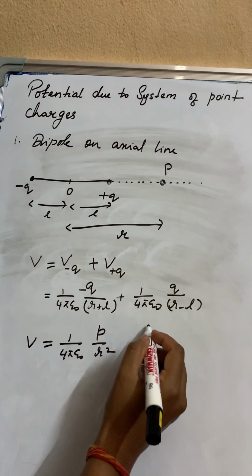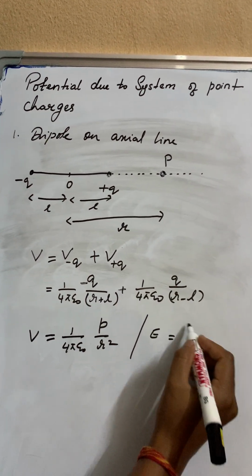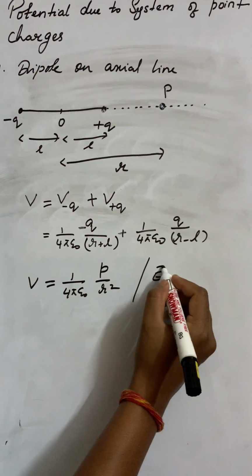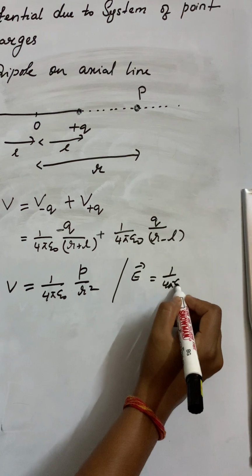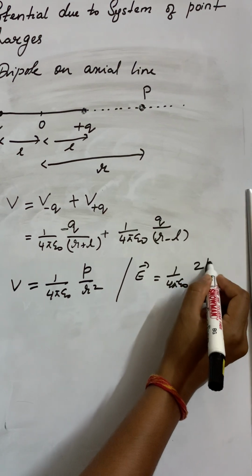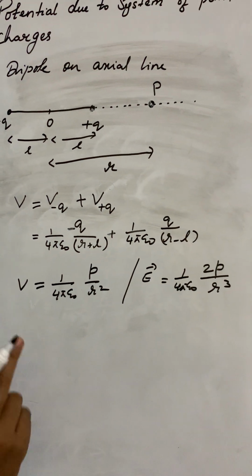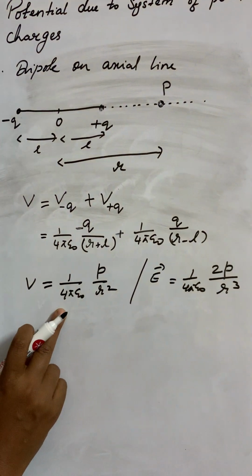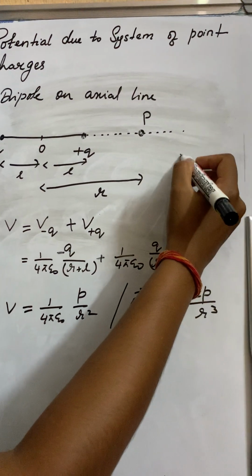For the dipole electric field, if you remember, what was it? I'll put it in terms of vector: 1 by 4 pi epsilon, 2p by r cube. See, even in the potential due to a point charge, what was that?